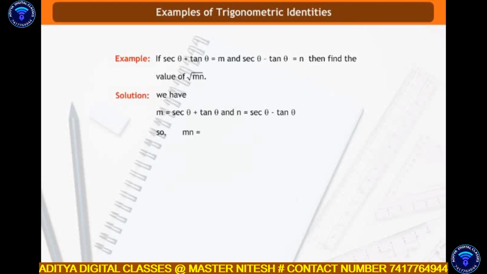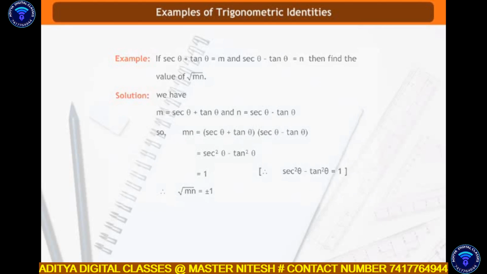So mn = (sec θ + tan θ)(sec θ − tan θ) = sec²θ − tan²θ, which is equal to 1, as sec²θ − tan²θ = 1. Therefore, the square root of mn is ±1.